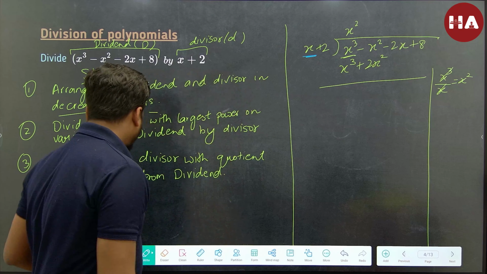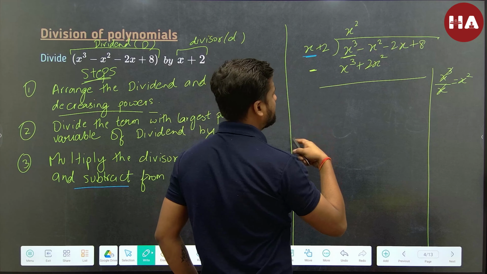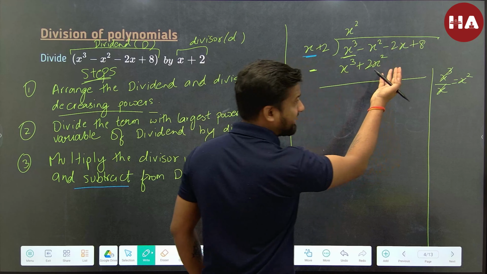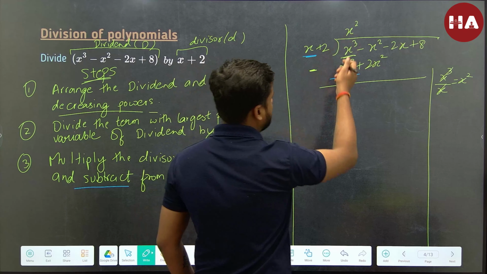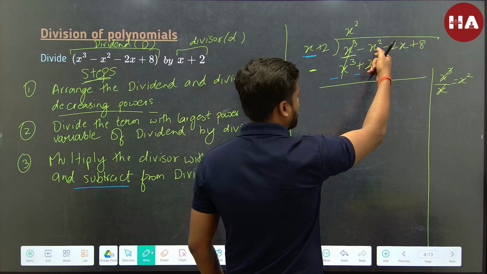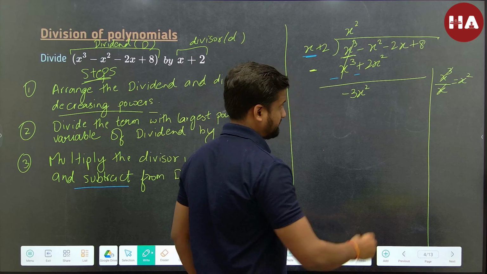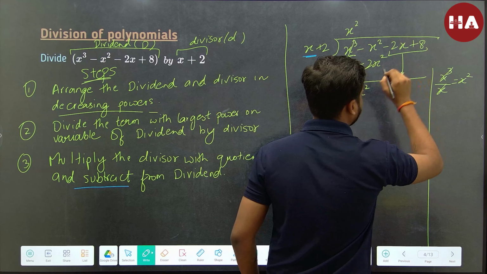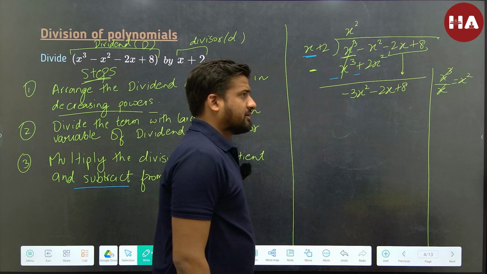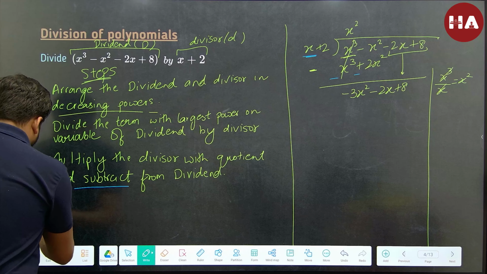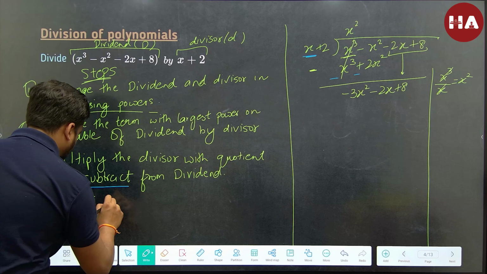And what does it say? Subtract. So let's subtract. Whenever we are subtracting, the signs of the expression below change, minus and minus, right? So x cube minus x cube cancels out, minus x square minus 2x square is minus 3x square, and carry the entire dividend down, minus 2x plus 8, right? Now the next step is repeat steps 2 and 3.